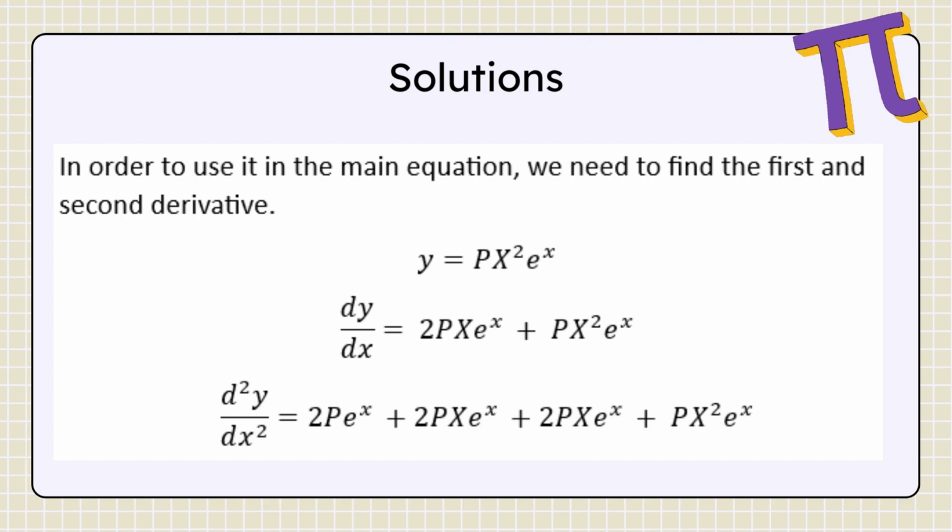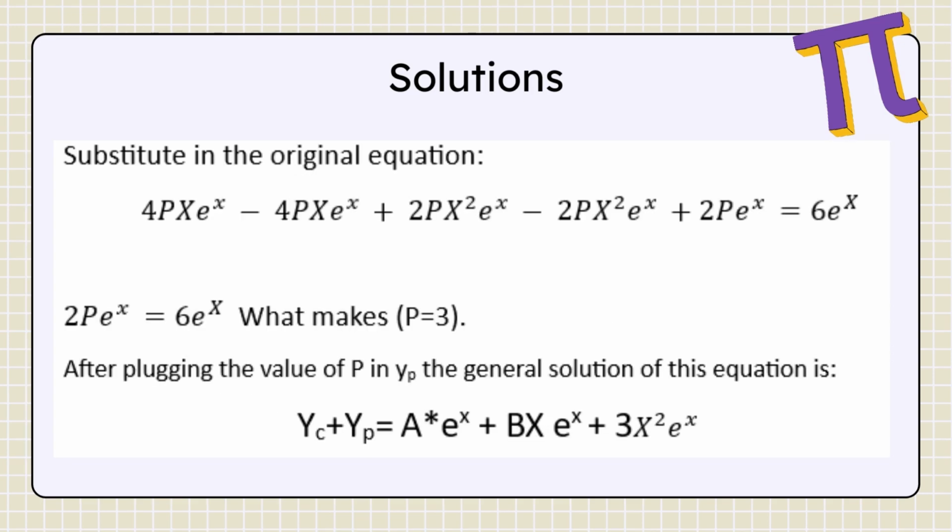So we substitute it in the original equation. It will appear like that: 4px e^x minus 4px e^x plus 2px squared e^x minus 2px squared e^x plus 2p e^x.